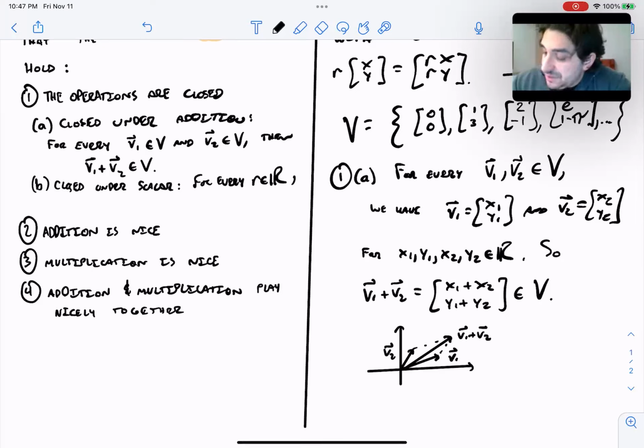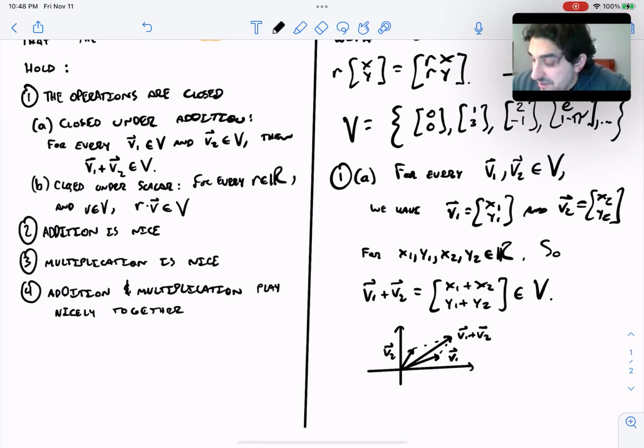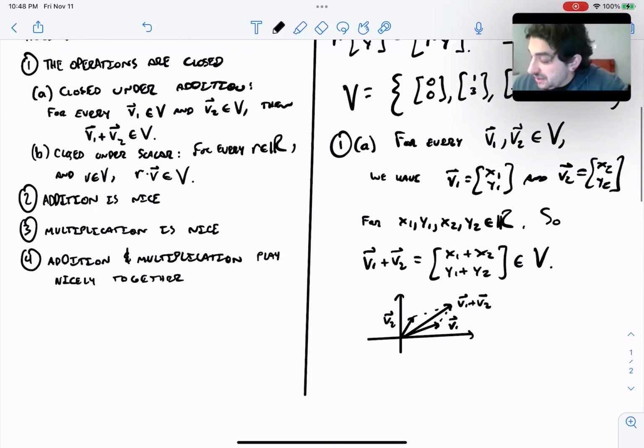So you pick a real number and a vector in V, and the scalar multiplied by v is again an element of the vector space V. So this is 1B, and it's also closed under scalar multiplication, and this works as well.